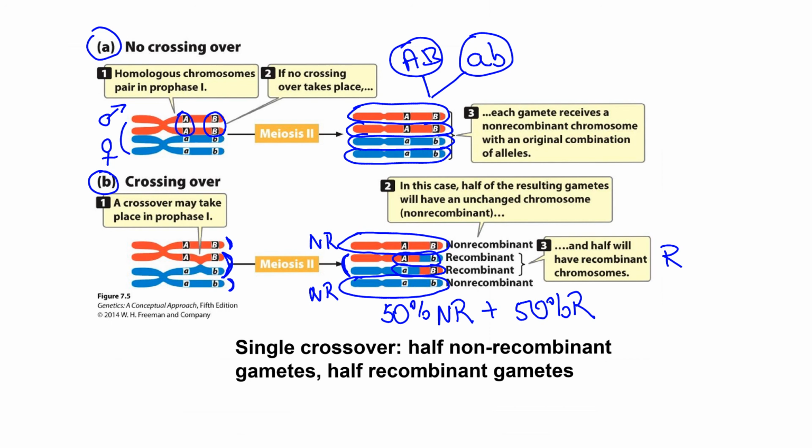Now, there is another thing I would like to point out. If crossing over takes place in every single meiosis, you will obtain 50% non-recombinant and 50% recombinant gametes. If you recall, this is the percentage of recombinant gametes which you obtain after independent assortment. So in such a scenario, it is impossible to determine the position of two genes on the same chromosome.